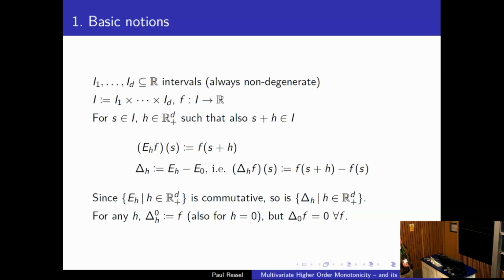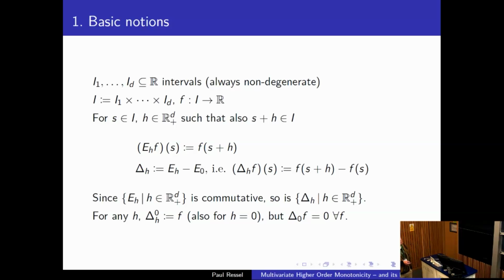Let me start with some basic notions. We have some intervals. I is the product, and F is a real function. We define the translation operators E sub H and the difference operator delta H. Just the usual definition, I would say.